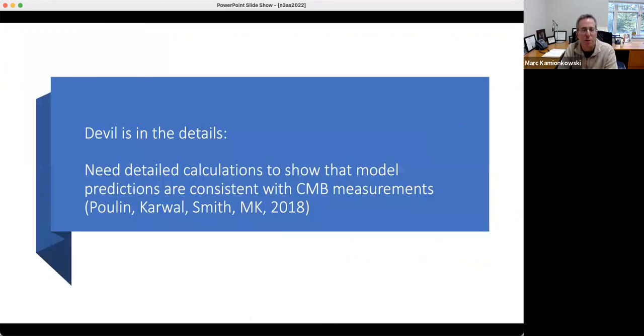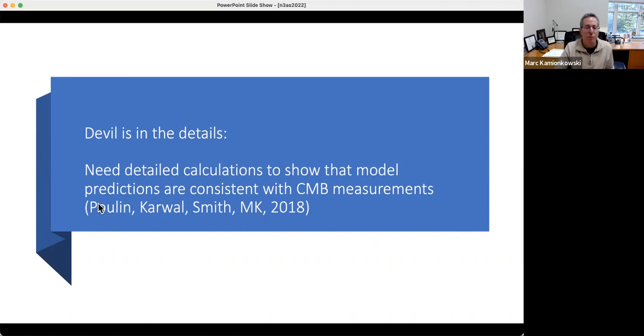It turns out, though, that it's easy enough to say that, but it's hard to actually get it to work in such a way that the remarkable agreement between the standard lambda CDM model and precisely measured CMB fluctuations is preserved.